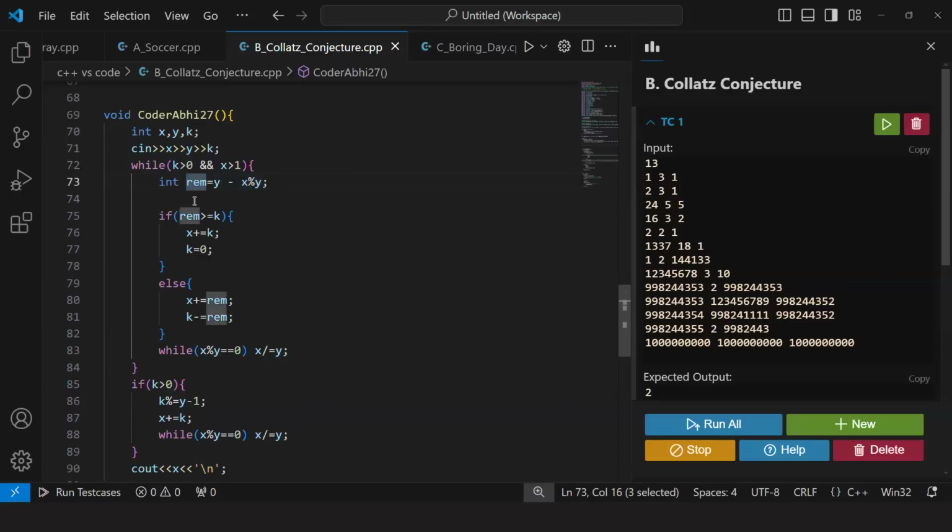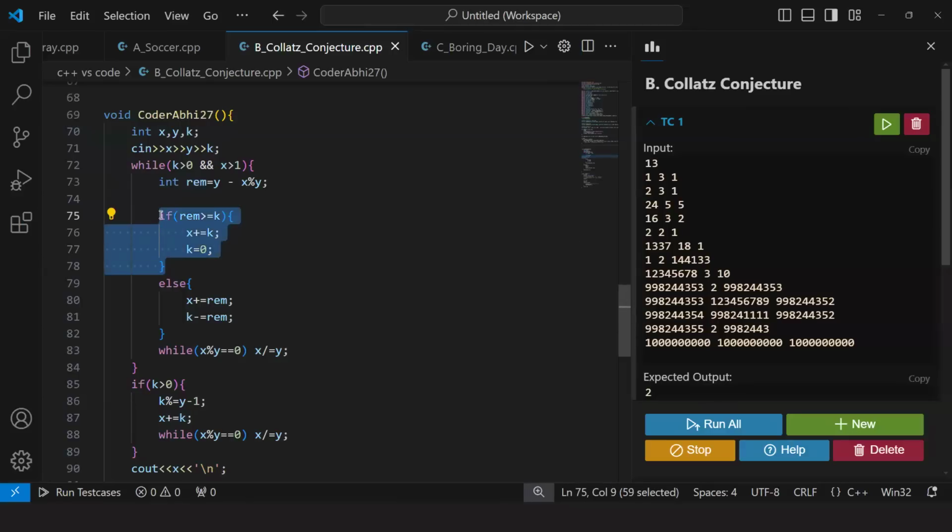Now, if these steps are greater than k, so the number of more steps we have to do is less than the remaining steps needed to reach the end, we won't do all of these steps. We would only do k steps, and k would become 0, and we can just break out of the loop and print our final answer. So this would become our final answer if k is less than the number of steps needed to reach the end. Okay, so this is the first thing.